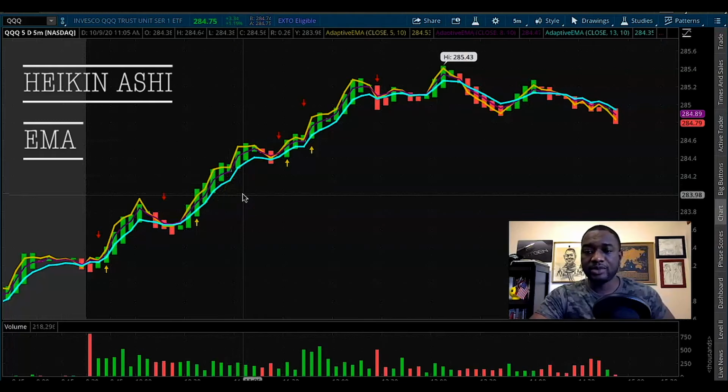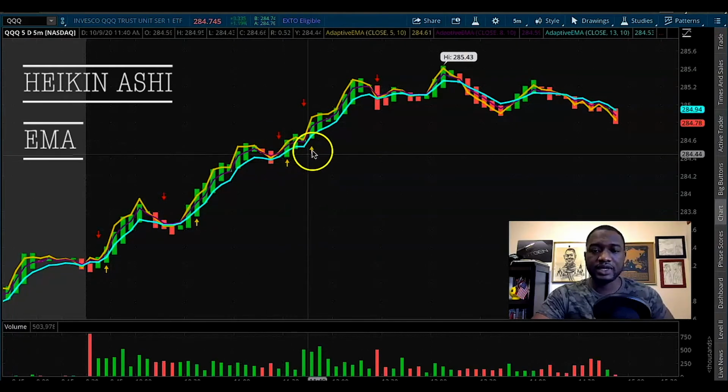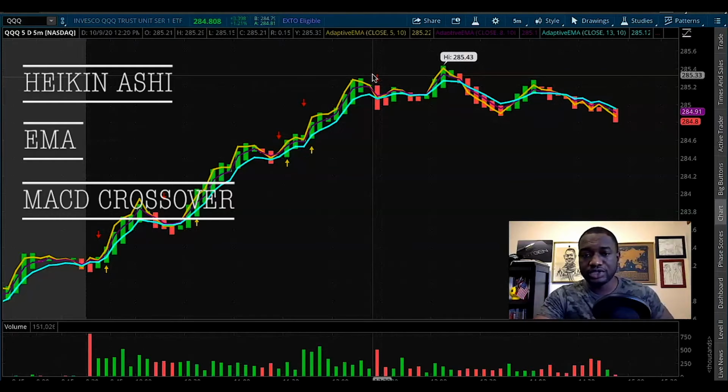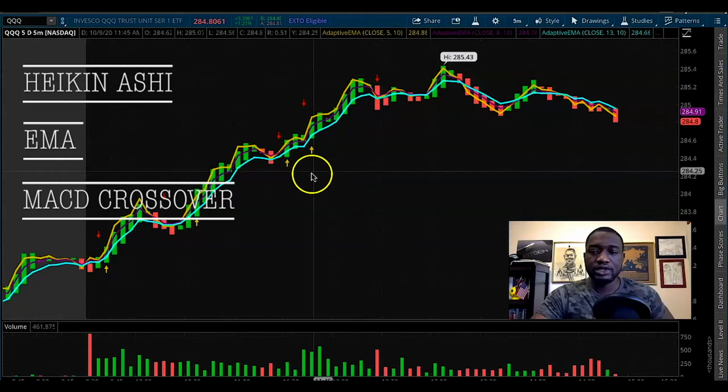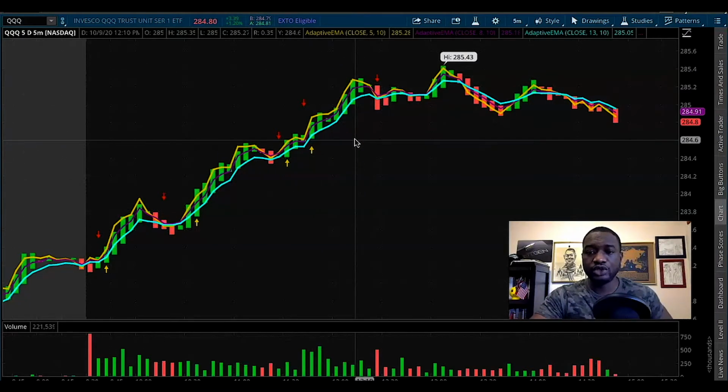And in the last episode, we also spoke about these arrows right here. These are the MACD crossover arrows. They signal you when you should take a long position or a short position. They're not 100% accurate, but they give you a good idea of what you should do.